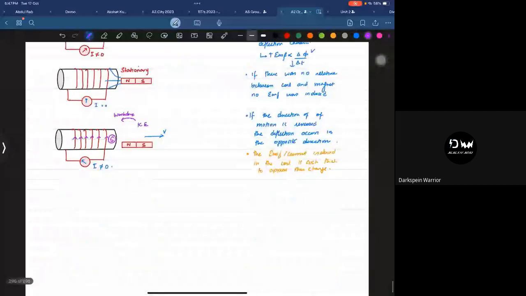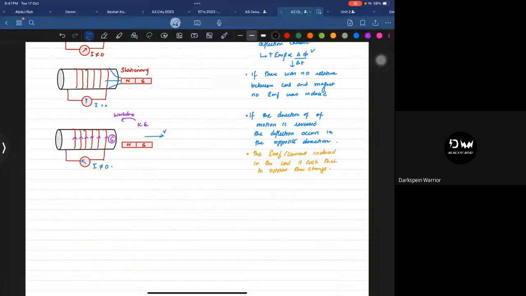Speaking of this then, we're now interested in a solution here. So I'm just going to give you an example of a falling magnet. So let's suppose you have a coil.